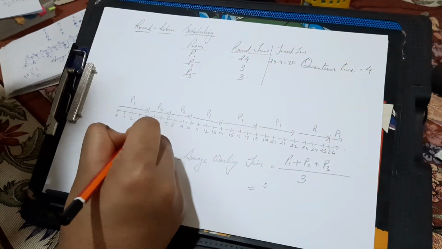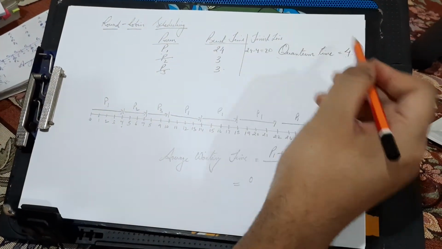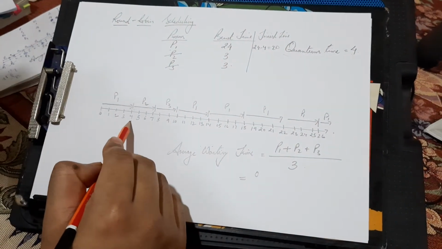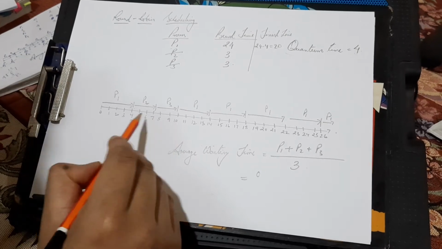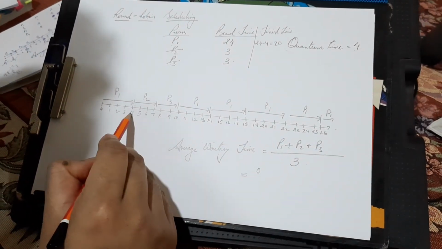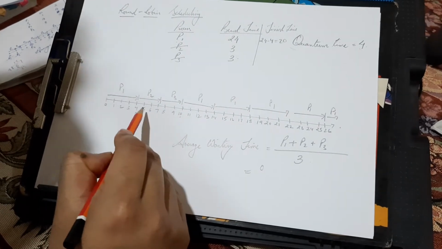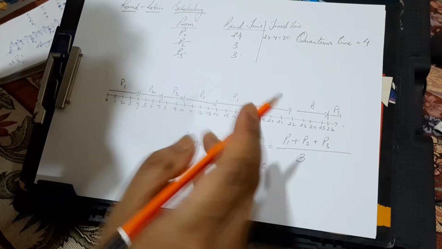But then at 4 milliseconds it got preempted by the quantum time, not because of arrival or anything, but by the quantum time. And then it got the CPU again at 10 milliseconds. So we have to find out this space. We can find that out by subtracting this and this. So it will be 1, 2, 3, 4, 5, 6 milliseconds.